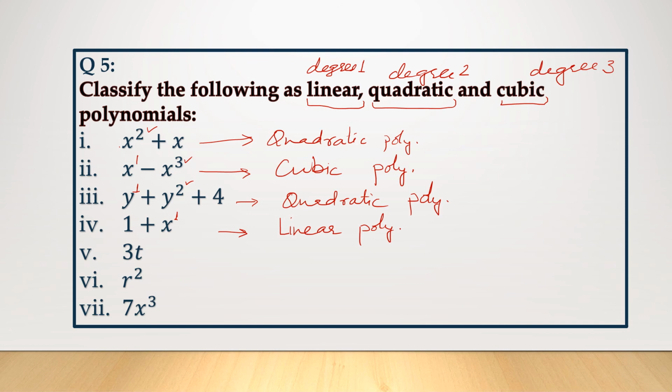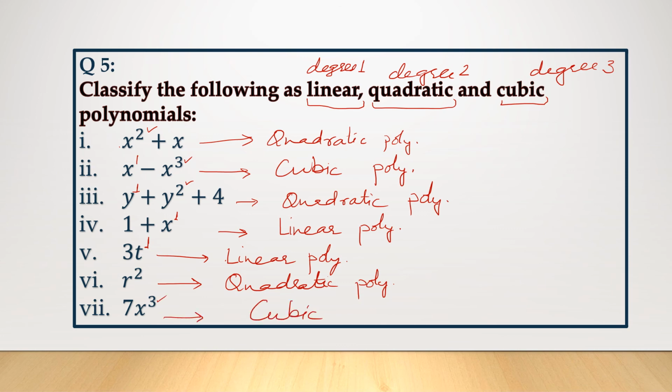Again, here the exponent is 1. So highest power on the variable is 1, so this is linear polynomial. r square, highest power 2, so this is quadratic because its degree is 2. This is quadratic polynomial. 7x cube, degree here it is 3, so this is cubic polynomial.